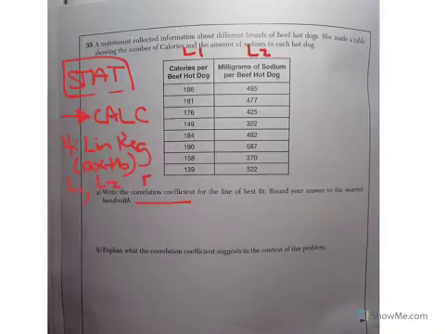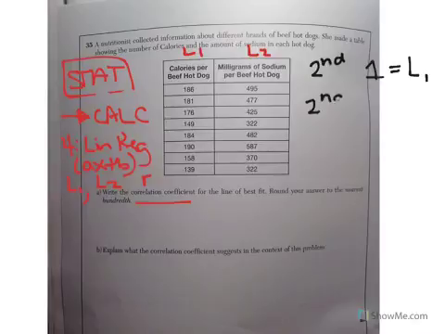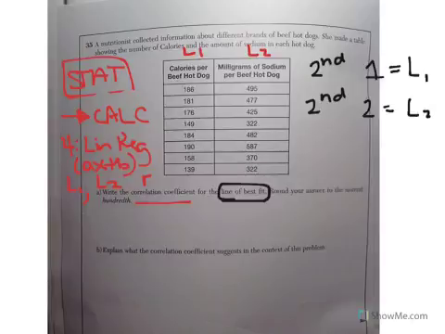To get to the L1, you're going to hit second 1. That's how you get L1. And to type in L2, you'll hit second 2. That's how you get L2. And the comma is above the 7 on your graphing calculator. Okay, so the reason I know that it's linear regression is because we're finding the line of best fit, and this is a linear relationship.